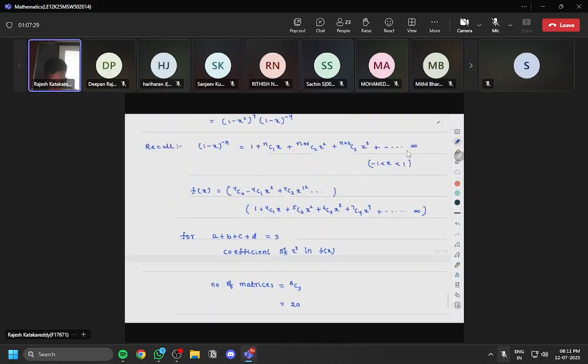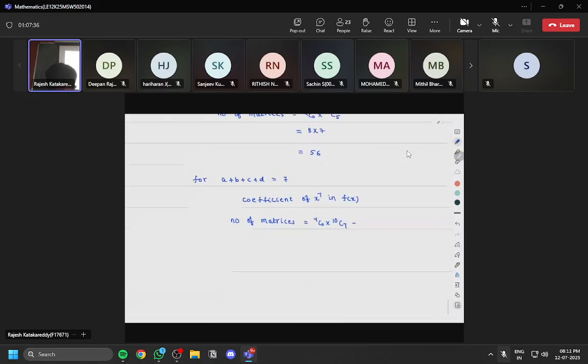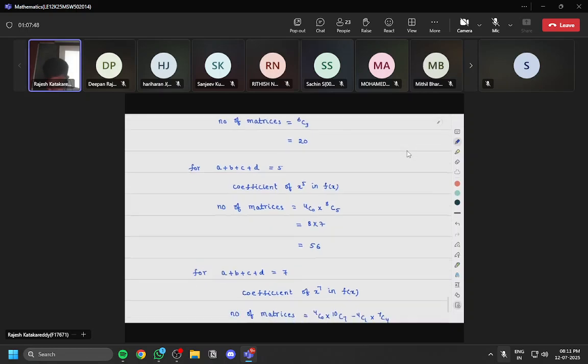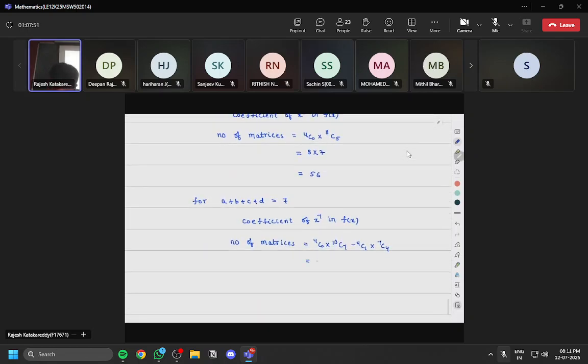Next, x power 6 with x power 4. So it will be minus 4C1 into, I think I need x power 4, 7C4. Right, let me check. Perfect. So this will be 10, 9, 8, 6, 4 into 7, 6, 5, 5, 6.